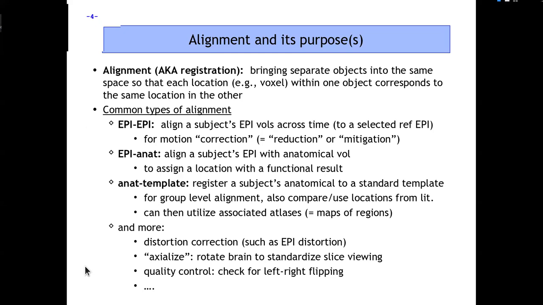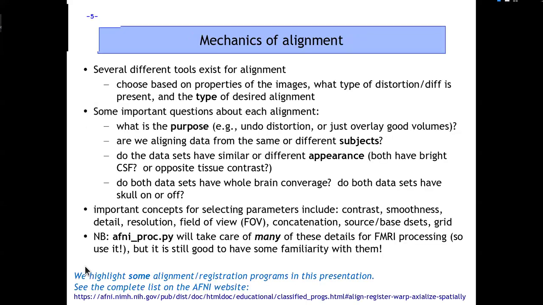So we'll go through general alignment terminology and then go through each of those cases. In general, we're going to want to know what we're doing for the purpose of choosing a particular program and some of the options that will be most suitable for performing that kind of alignment. So we want to know what is the purpose of it.